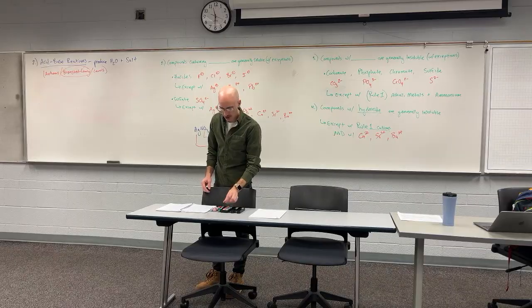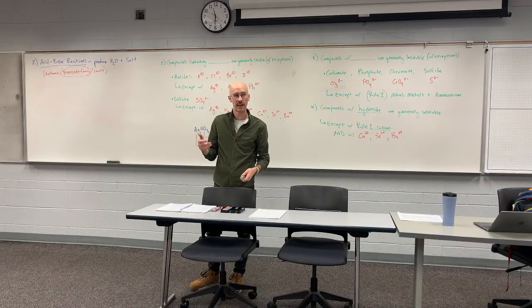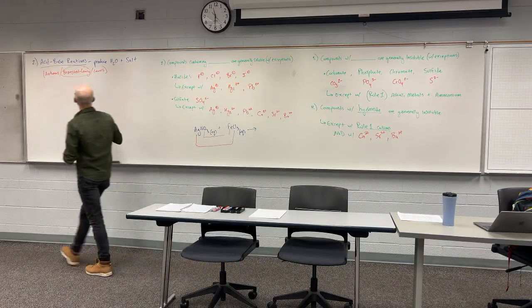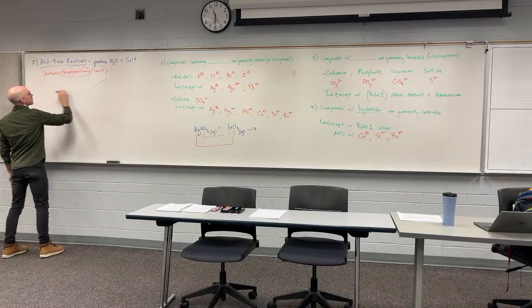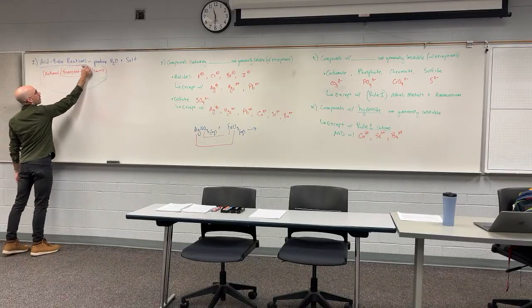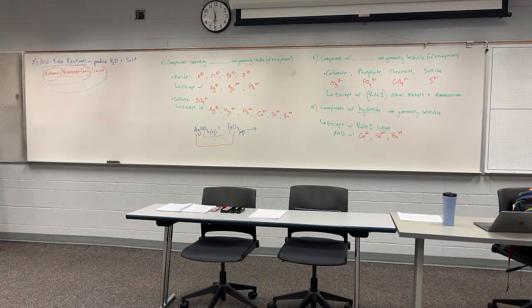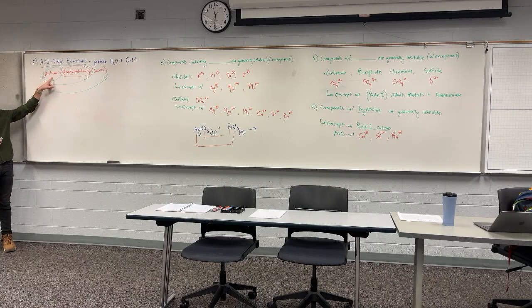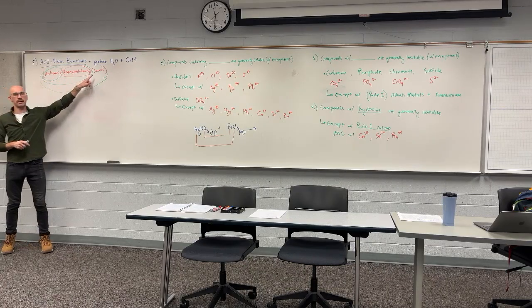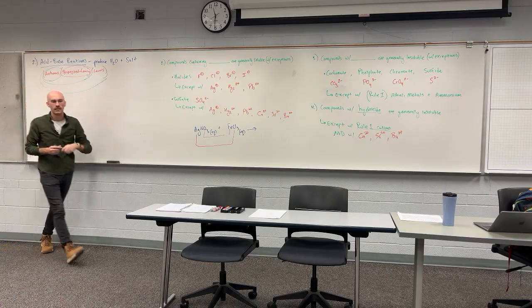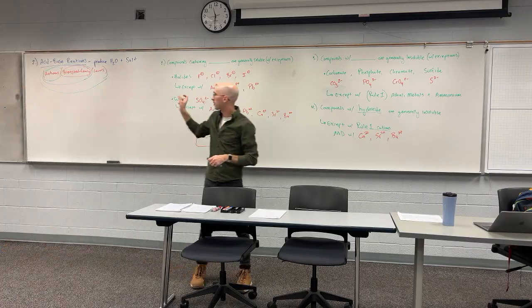It's a little confusing. If you drew a Venn diagram of these, Lewis is the biggest, Bronsted-Lowry sits inside of it, and Arrhenius sits inside of Bronsted-Lowry. So this is the most narrow definition of acid-base, this is a bit broader, and this is the broadest. We're focused just on the Bronsted-Lowry.